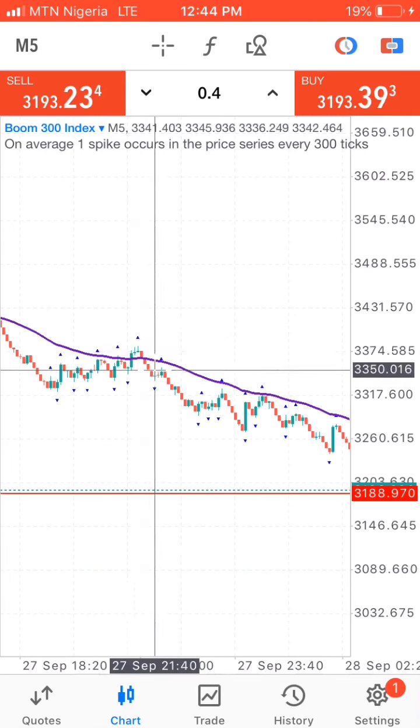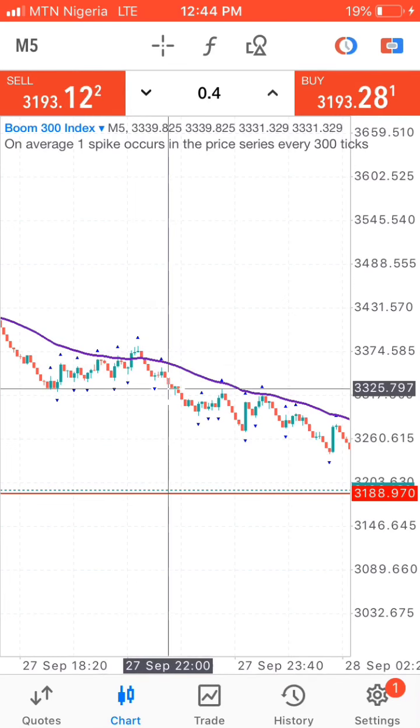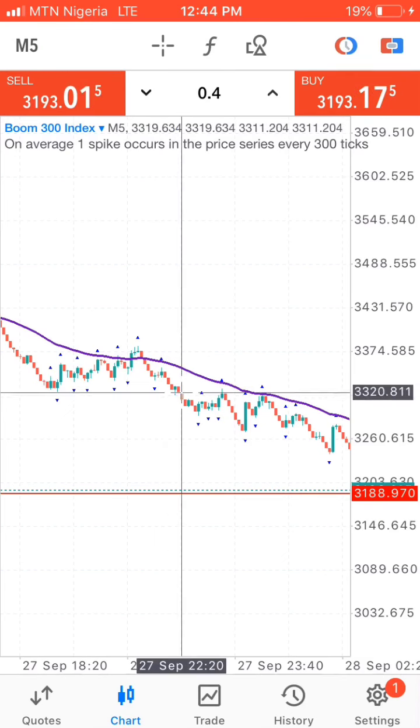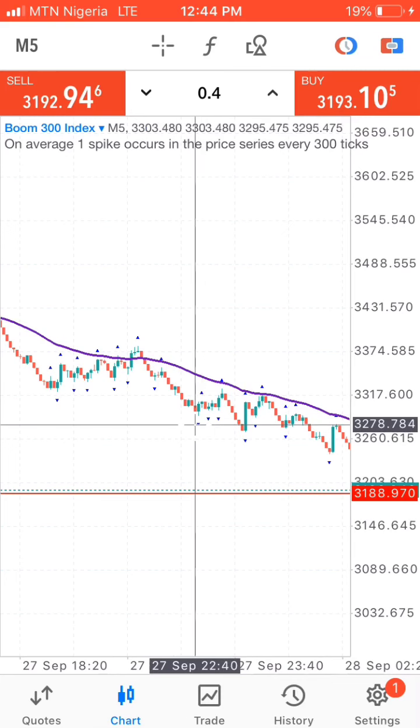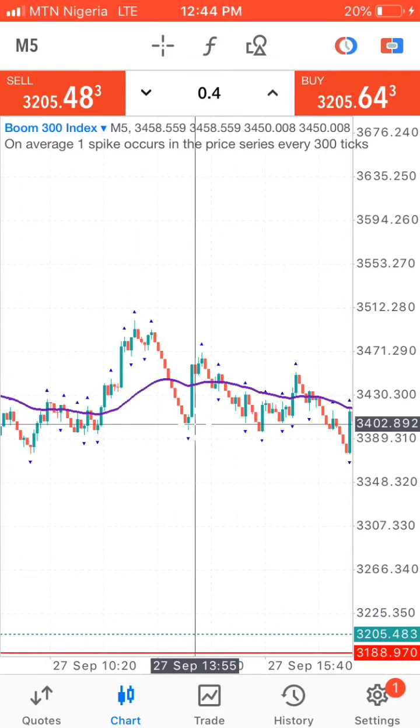So seeing that after it has bought to this region, it started selling. And once it sold and passed our last fractal, which was this one, it sold down to give us this particular one here. So you see that this indicator is quite very simple and easy to understand. It's not that difficult. It's not even difficult at all. It's very simple. Of course, let me take you back again. Same thing has happened here.